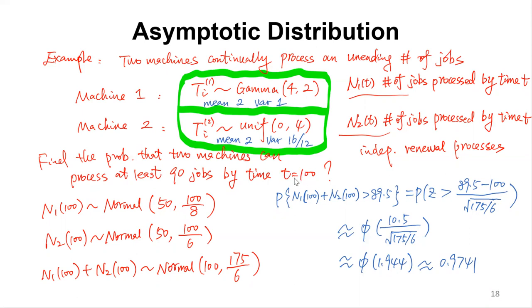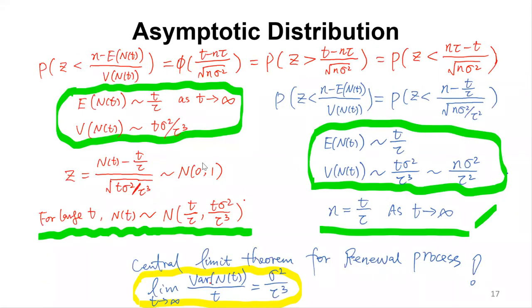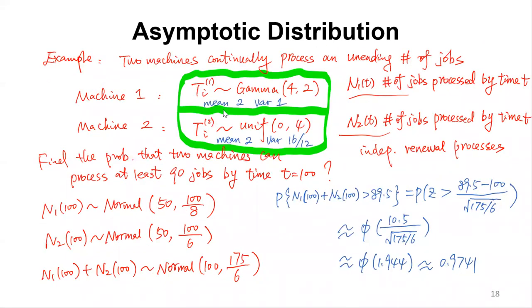Okay, so now let's have a look at N1(100), by machine 1 by time 100. This is normally distributed with mean t over tau. The mean is 2, so 100 divided by 2 is 50.